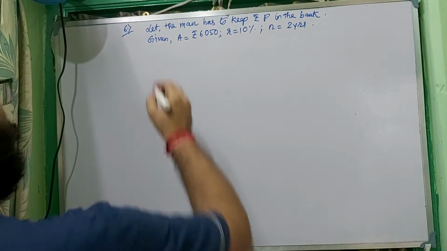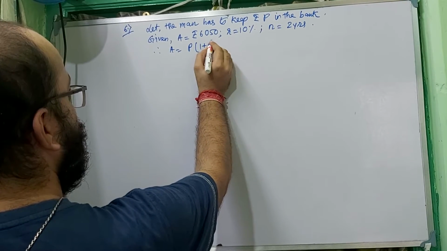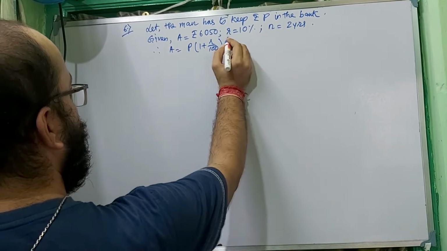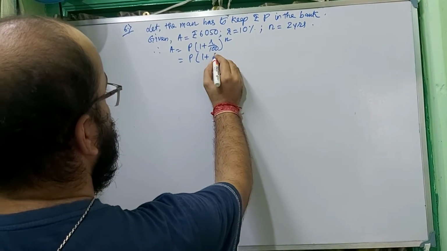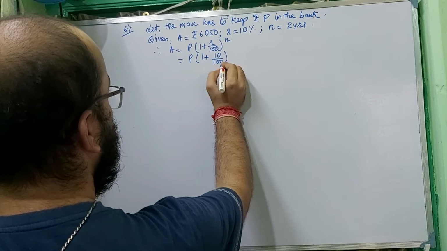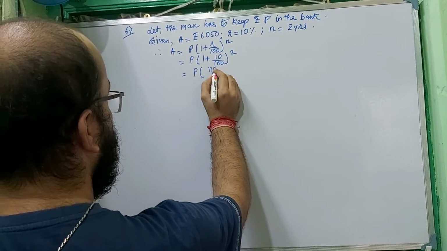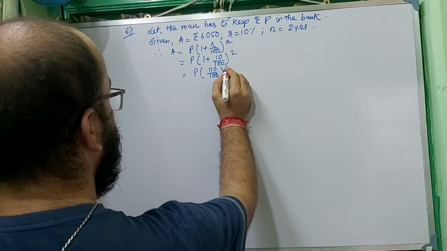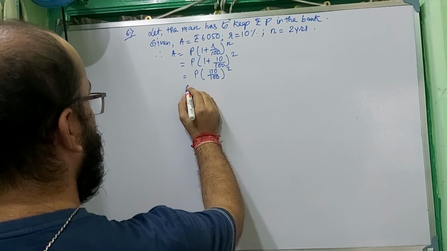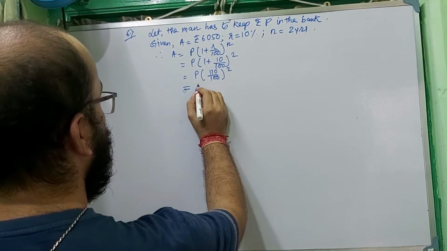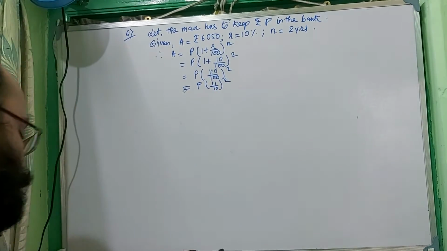So how can you do it? Therefore A is equal to P into (1 plus R by 100) whole to the power N, or P into (1 plus 10 by 100) whole to the power 2, or P (110 by 100) whole to the power 2, or P (11 by 10) whole to the power 2.